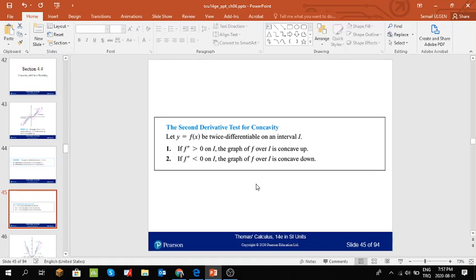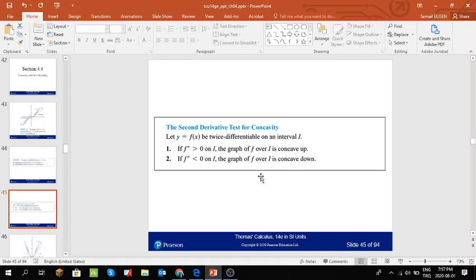So how do we do that? We take the second derivative of f. If the second derivative is greater than 0 on the interval I, then the graph of f is concave up over that interval I. If, on the other hand, the second derivative is negative for each x in that interval, the graph of f over this interval I is concave down.